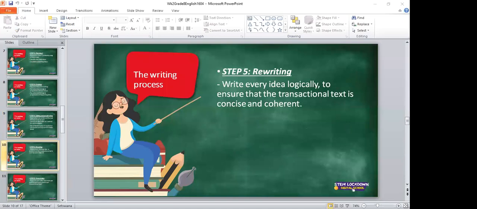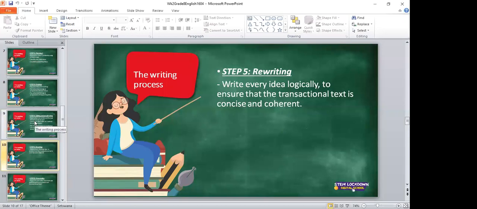So let's continue. Step 5, you rewrite. You write every idea logically to ensure that the transactional text is concise and coherent. What does this mean? Remember the previous step. On the previous step, you were editing and proofreading, right?